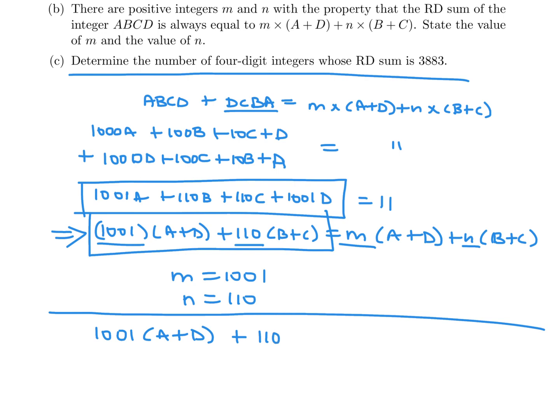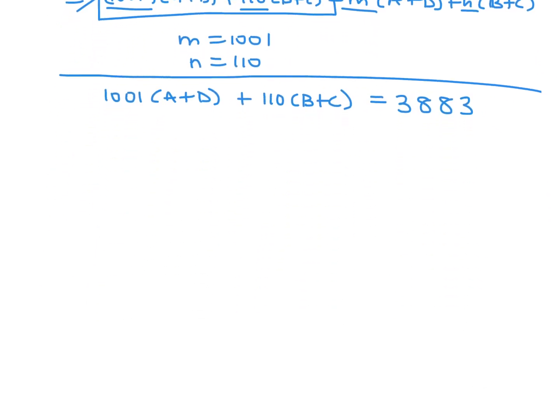So this is basically the RD sum of an integer of the form ABCD. So they're saying that is equal to 3883. And what do they want? How many of them? Okay. All right, so we got to count. So there's obviously many. So let's start with that guy. A plus D, can it equal 4?